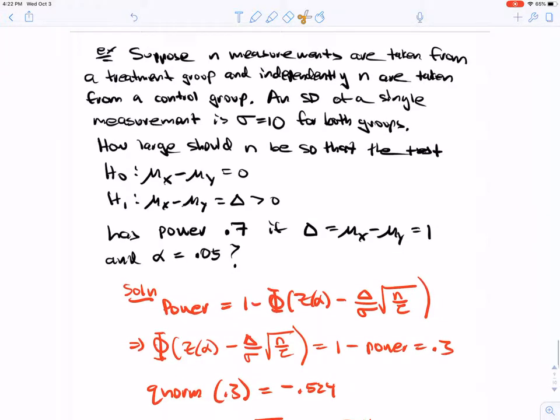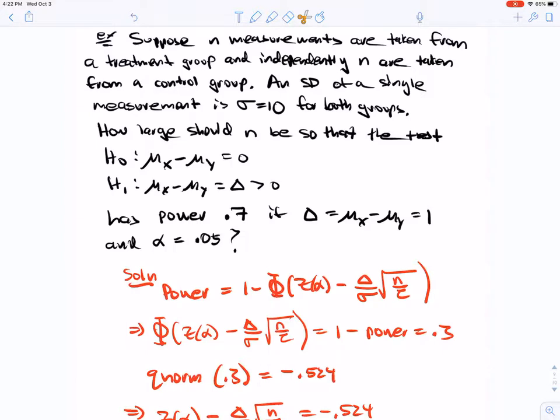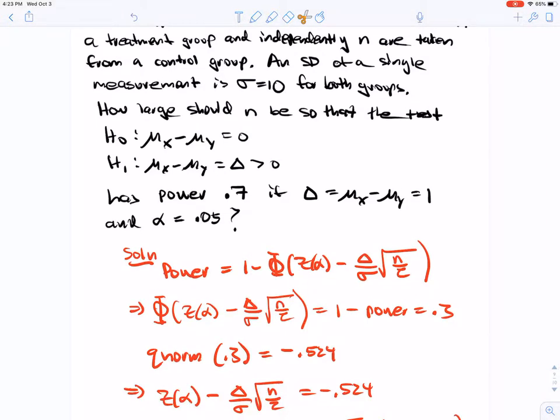So here's an example of a typical power calculation. Suppose n measurements are taken from a treatment group and independently n are taken from a control group, and the SD of a single measurement, sigma, is 10 for both groups. How large should n be so that the test, your usual one-sided test here, has power 0.7 if your delta is 1 and alpha is 0.05?